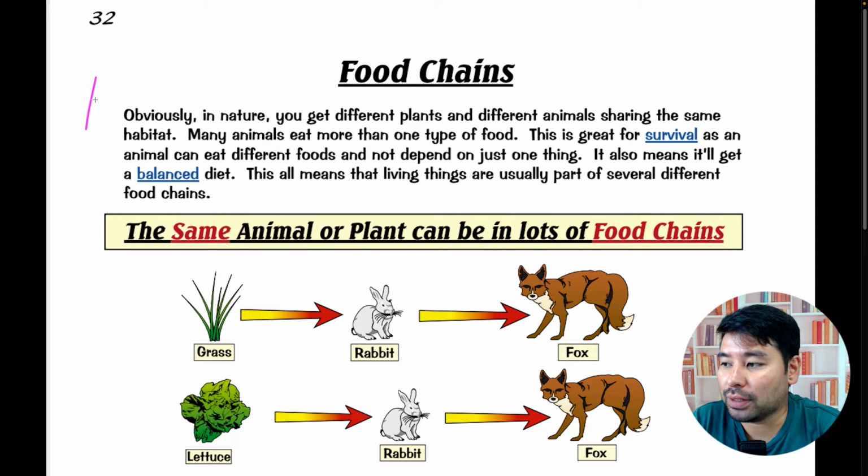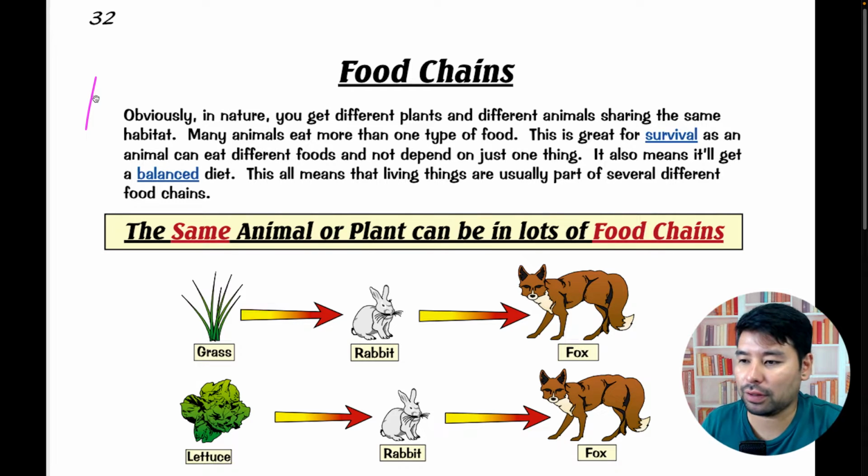It also means it will get a balanced diet. This all means that living things are usually part of several different food chains. Very good. So this is the first information that we have here, okay?